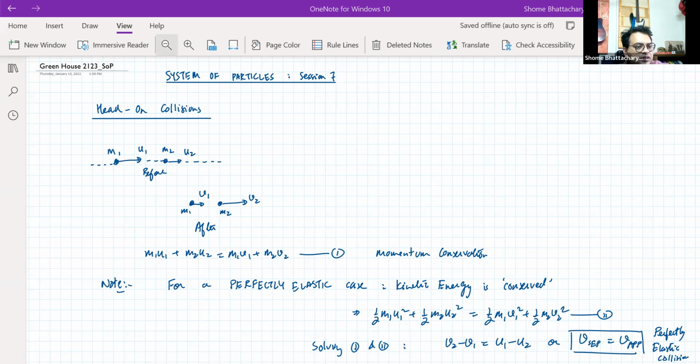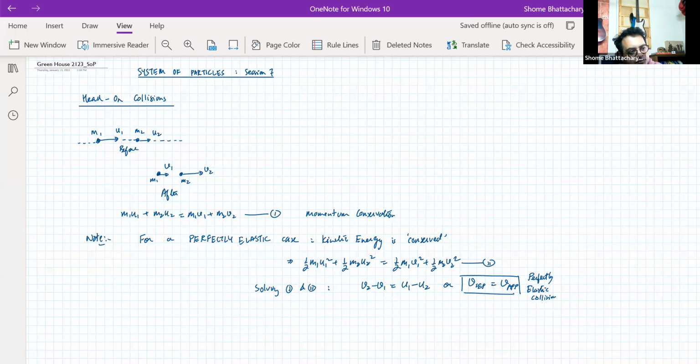Now we will see that in the case of inelastic collisions, there will be some loss of kinetic energy. So the final kinetic energy will be less than the initial kinetic energy. When we solve for that condition, the result that we'll get is that the separation velocity after impact will become less than the approach velocity instead of equal to.